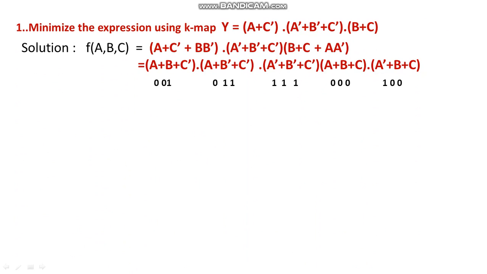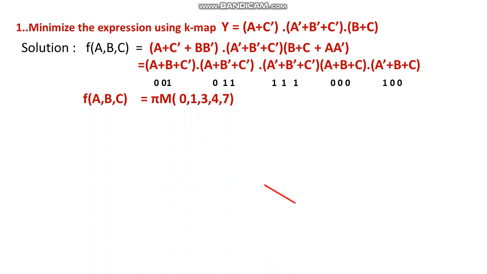Then we will write the min terms. Then we will get the canonical form as f of ABC is equal to pi of m 0, 1, 3, 4, 7. Okay, right. So once you get a canonical form, you have to plot the K map.